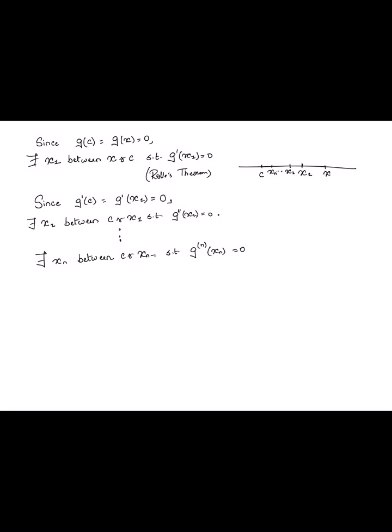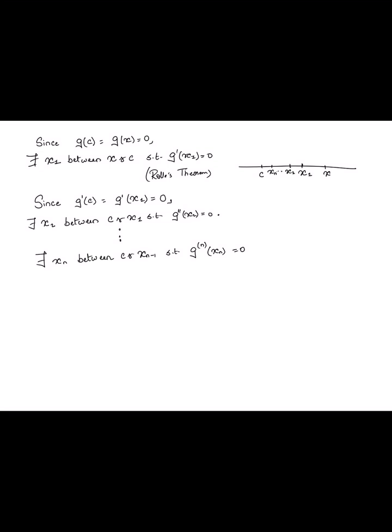Note that to show the existence of this xn, you needed to show that the n minus 1th derivative of g at c and the n minus 1th derivative of g at xn minus 1 are both 0, right? That is what finally gives us the point xn.